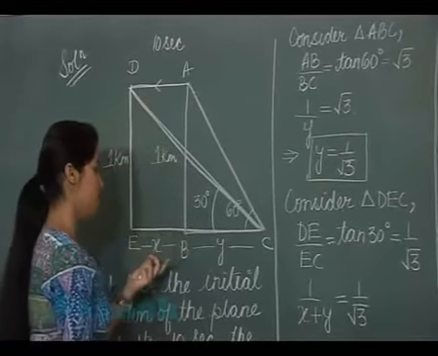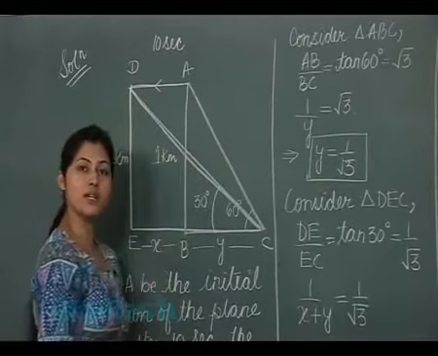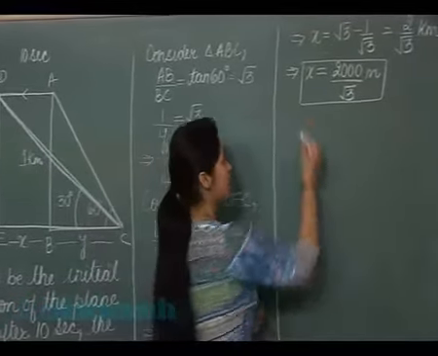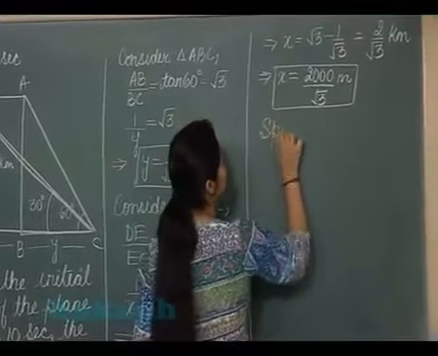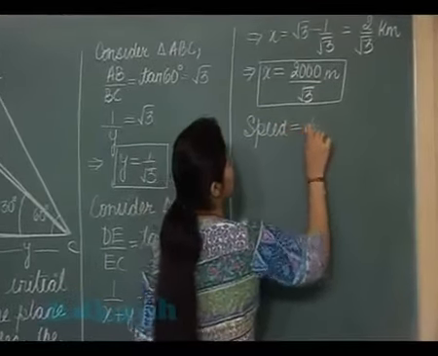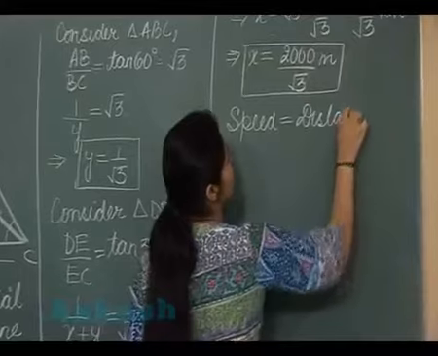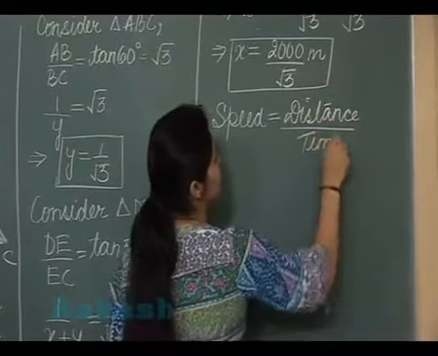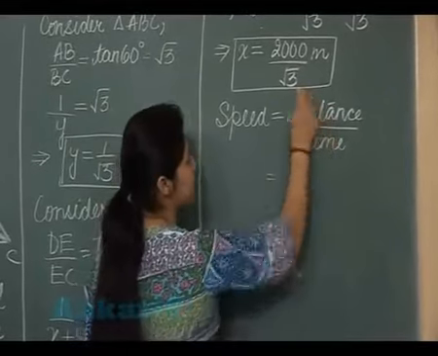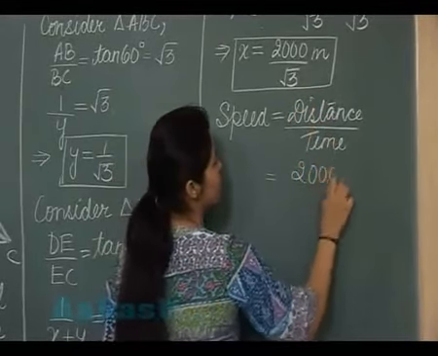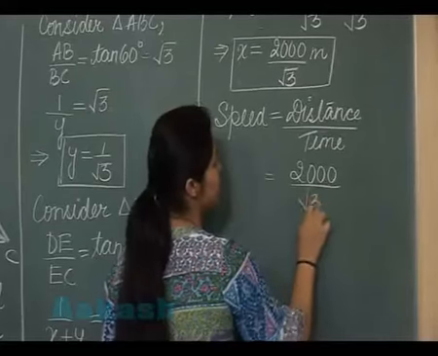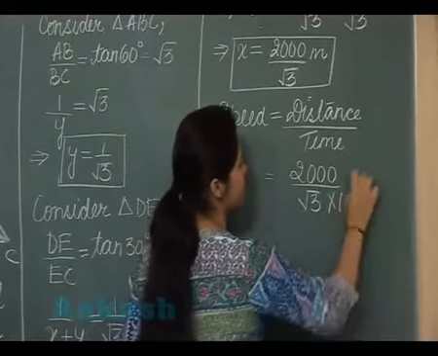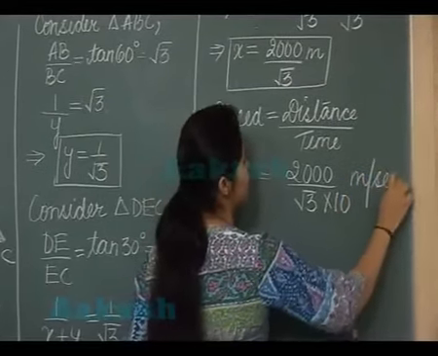Now we know time, we know distance, we can find out speed by the relation that speed is equal to distance upon time. Now distance is 2000 upon root 3, and the time taken by the plane is 10 seconds. So this will be meter per second.